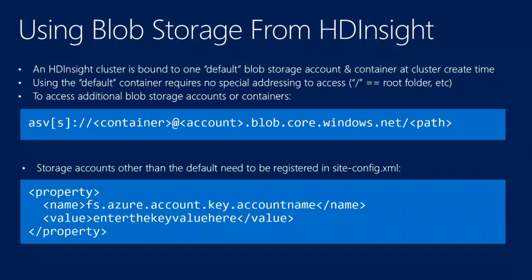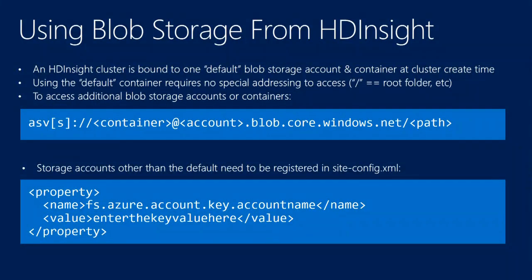The ASV here actually stands for Azure Storage Vault. This is the key that when we plug into Hadoop, we say anything that starts with ASV, we will take care of. Anytime Hadoop sees this, it just passes it to our code, and then we get them the correct file. Now, the password or your key is stored on the cluster in something called site.config.xml.